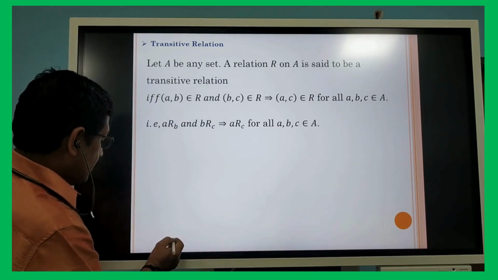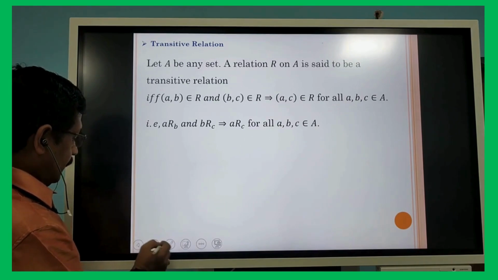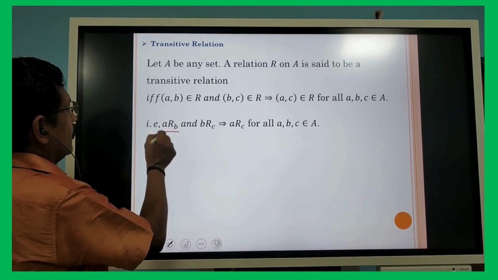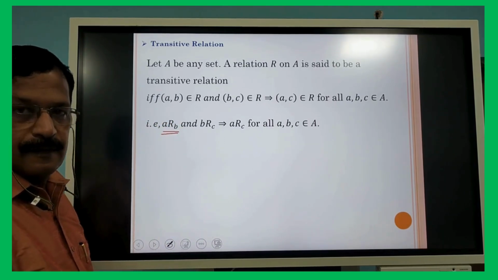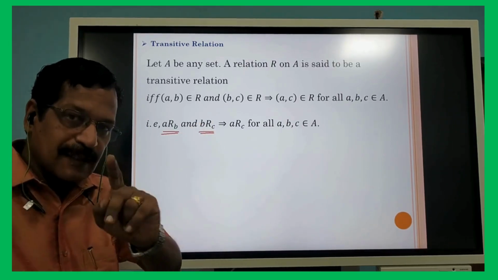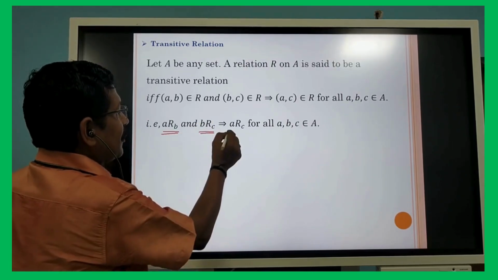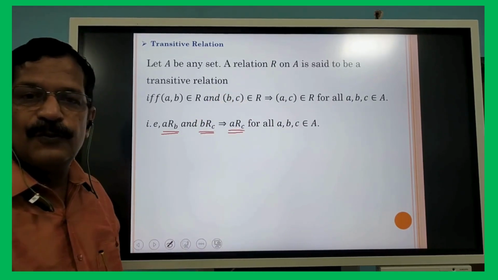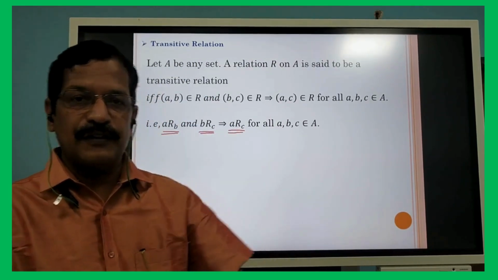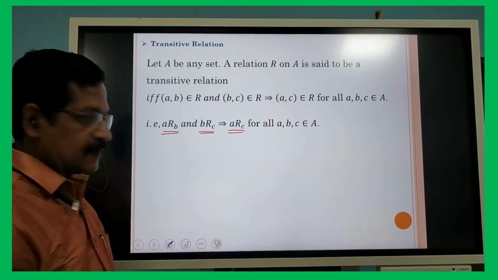You please note. a is related to b and b is related to c. If both are there, then a should be related to c also. Then the relation is said to be a transitive relation. We may have one example.